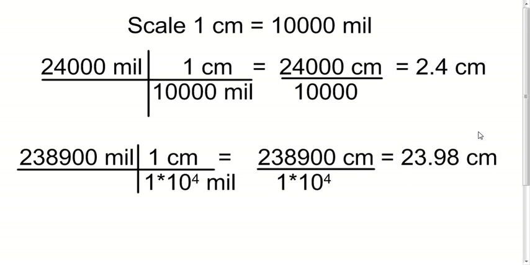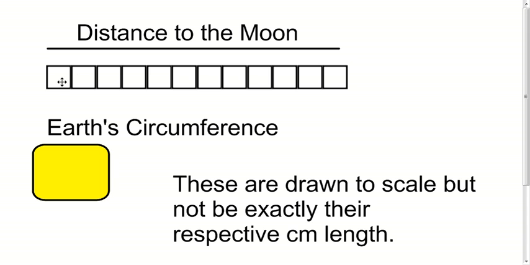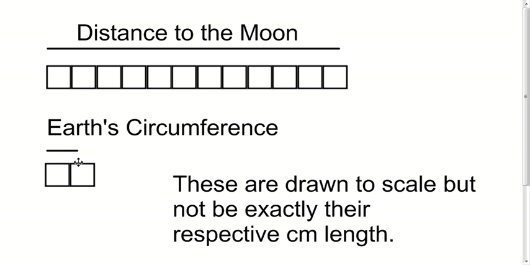So the one is 2.4 centimeters, and the other one is 23.98 centimeters. So the distance to the moon is almost 24 boxes long, and the Earth's circumference is a little over 1. Now these may not be drawn exactly to 24 centimeters, but it's a scalar quantity.